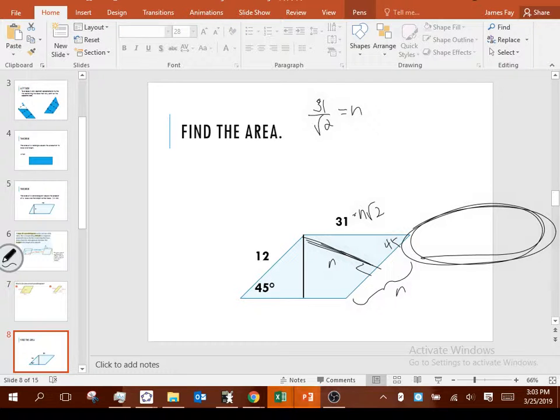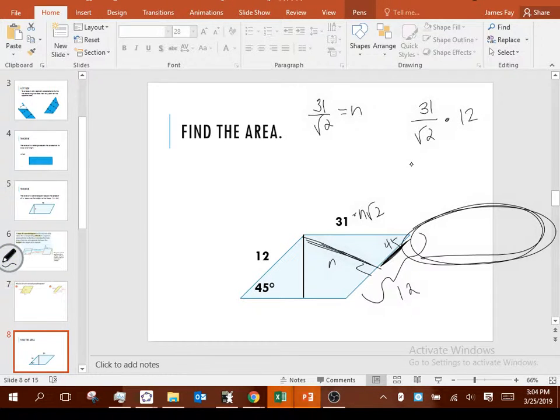Does that make sense, everybody? Now that would be my altitude. I guess, actually, can I do that? Yeah, I think I can do it. And this would be 12, wouldn't it? This here would be n. So if that's my altitude, this would be my base, right? This 31 over root 2 times 12 ends up giving me the same result.